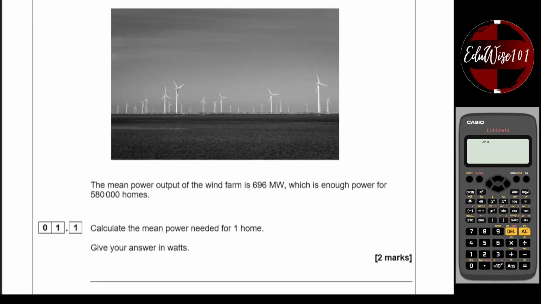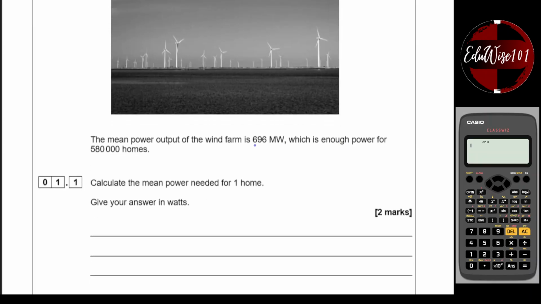Now, for this, they have given the total output, which is 696 megawatts. So you'll have to convert that to watts first and then divide it by the number of homes. So 696 megawatts is, remember, mega means 10 to the power of 6.